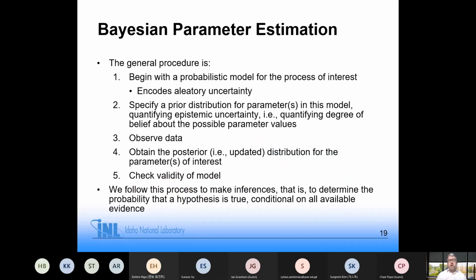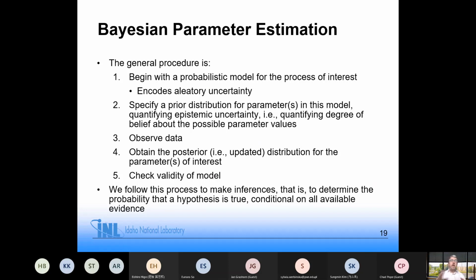So any questions? Again, if you have questions, the chat function is open, I believe, hopefully. But if we recap the process, I have to have a probabilistic model for the process of interest. And we looked at some processes for fails to run, fails to start, fails to recover, initiating events, and so on. I have to have what's called an aleatory model for that process.